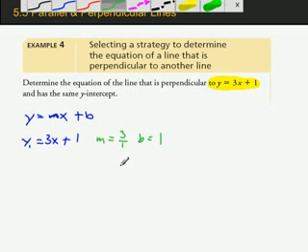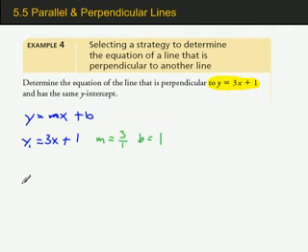So first we want a line that is perpendicular to it. And so we know that a line that is perpendicular to another line has the negative reciprocal of our original line slope. So let's grab another pen color here. So let's see, we want our slope in this case.